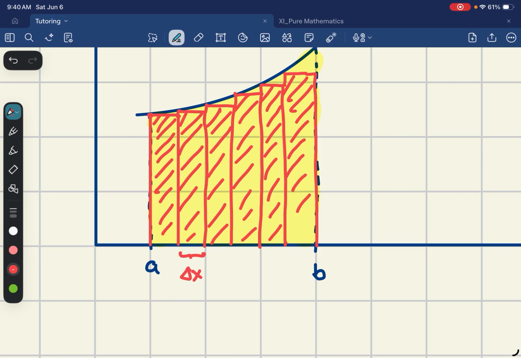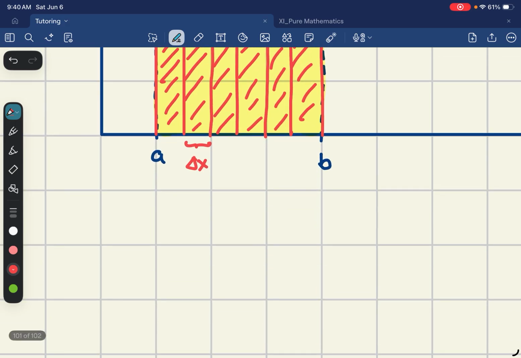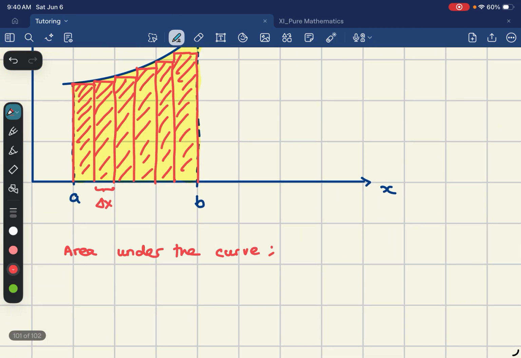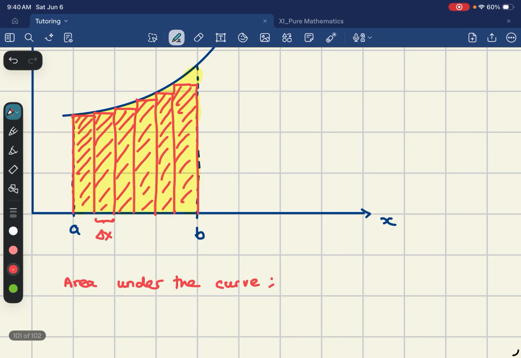And you can see it's not exactly the area under the curve, is it? It's slightly less because there's some area here that we have not considered, but that is fine. So we are saying that to approximate the area under the curve, we are adding the area of all the rectangles, right?